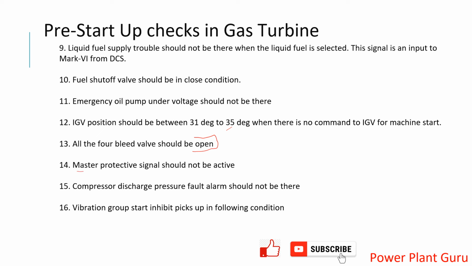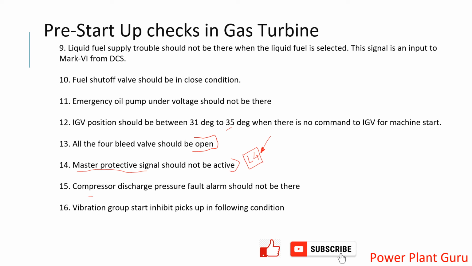And then this is a master protective signal, which you may all be knowing: the overall control system L4 master protective relay is active, so that in case of any unwanted event or unsafe condition, there is an active mechanism where the fault can be triggered and a shutdown generated.